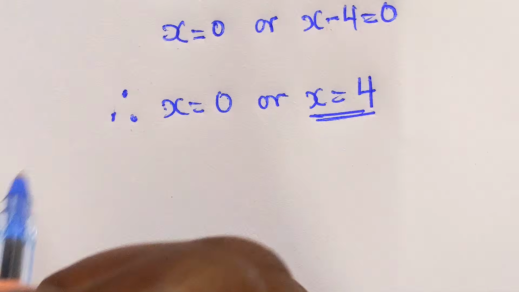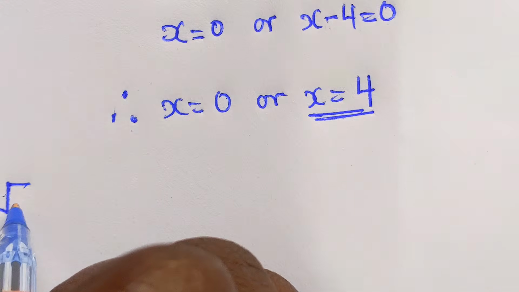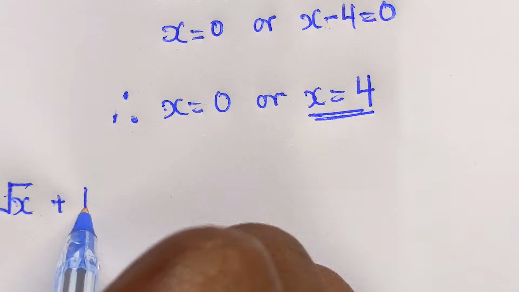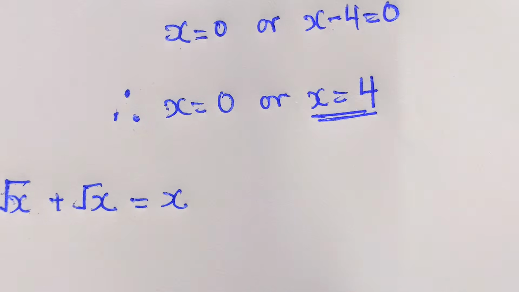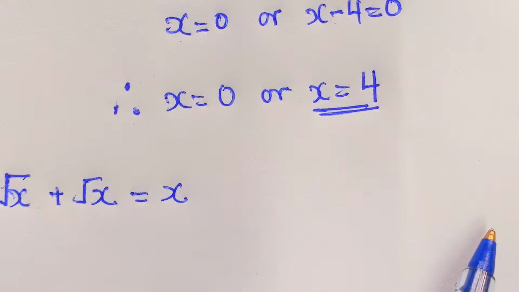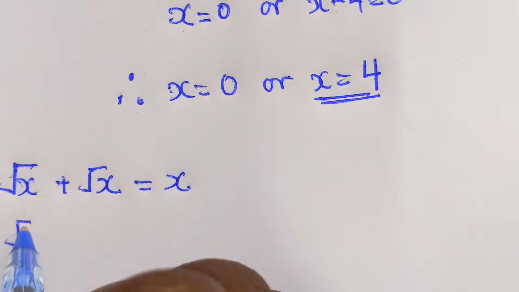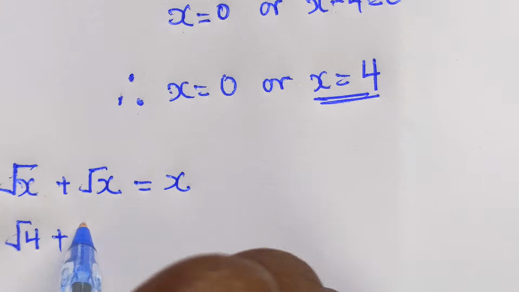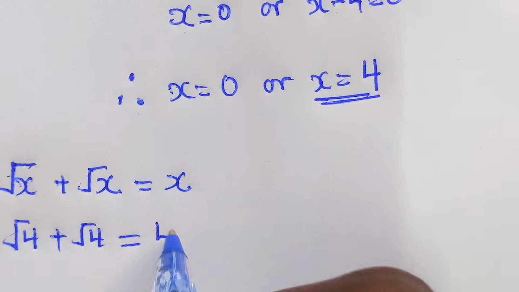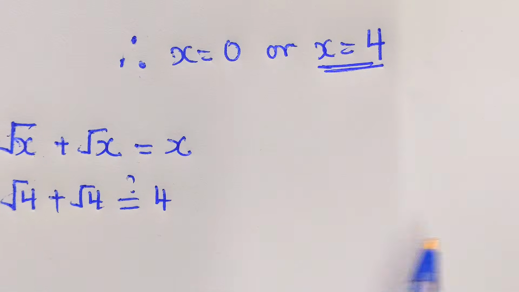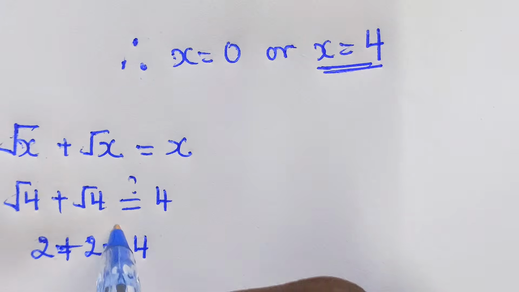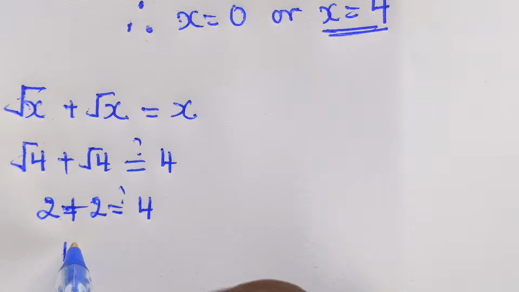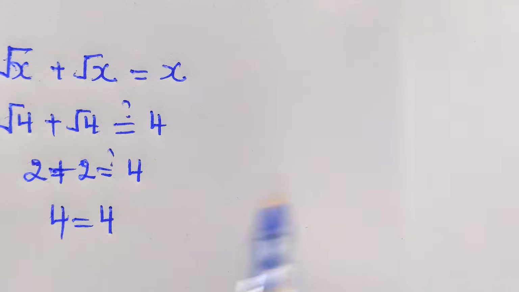Here we are given square root of x plus square root of x equals x. And here we see that square root of 4 plus square root of 4 equals 4? 2 plus 2 equals 4? 4 equals 4.